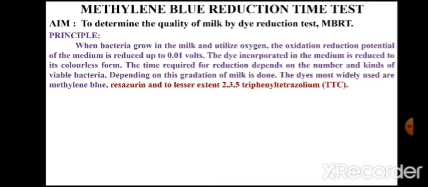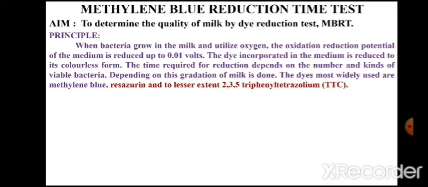This is the principle. If the dye is reduced, it indicates that the microbial load is higher. So the dye incorporated into the medium is reduced to a colorless form.